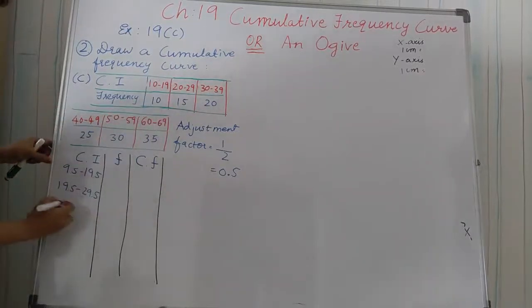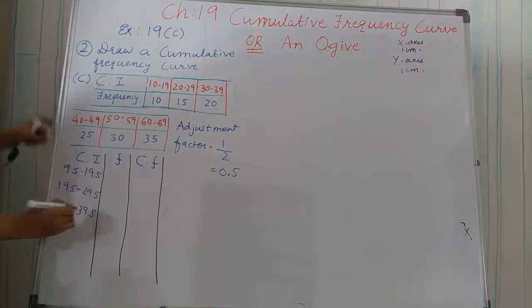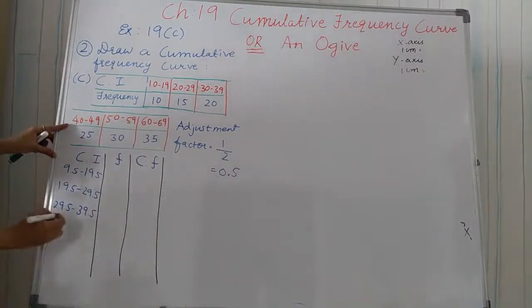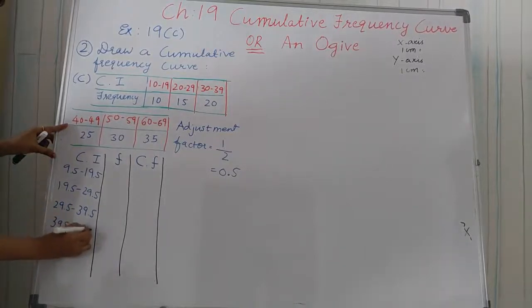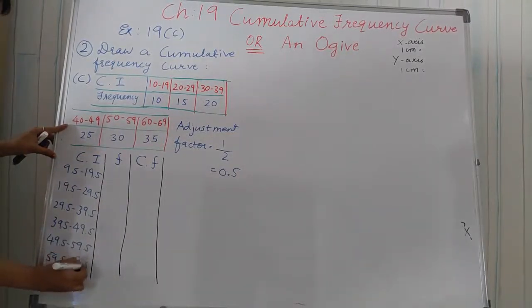Next is 29.5 to 39.5. Next, 39.5 to 49.5. Next is 49.5 to 59.5. Next is 59.5 to 69.5.